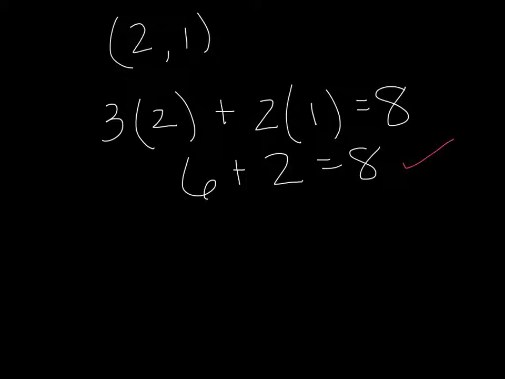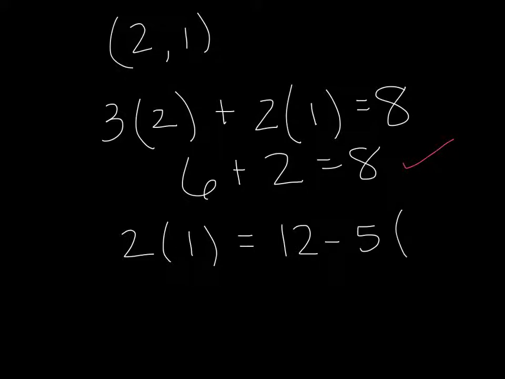And my other equation was originally 2y, so that would be 2 times 1 is supposed to equal 12 minus 5x when x is 2. So that's 2 equals 12 minus 5 times 2 is 10, and 12 minus 10 is 2. So that also checks out.